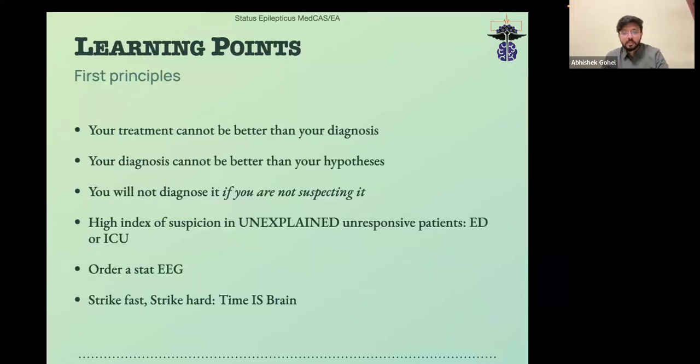So just to wrap up, we have gone through the history, definition, and classification of status epilepticus, the examination of it, the electroclinical diagnosis, that is the EEG, then anatomical diagnosis, that is by neuroimaging.